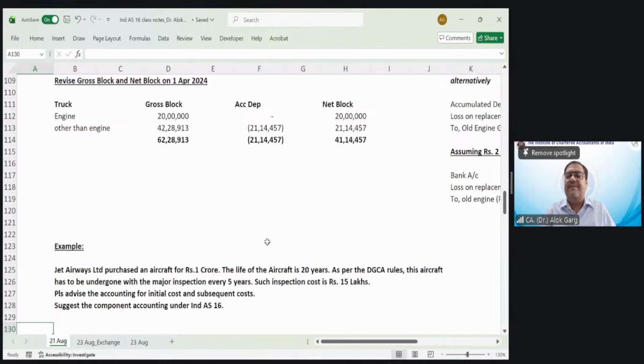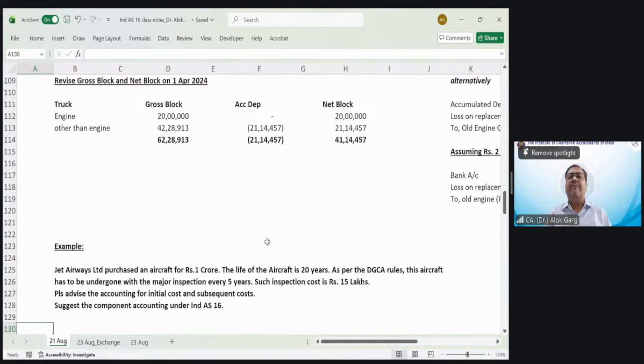Friends, this is the major inspection cost. The value of the aircraft is, let's say, 200 crores. The major inspection cost is 10 crores. The life is 20 years for the aircraft, but this major inspection has to happen every 5 years.